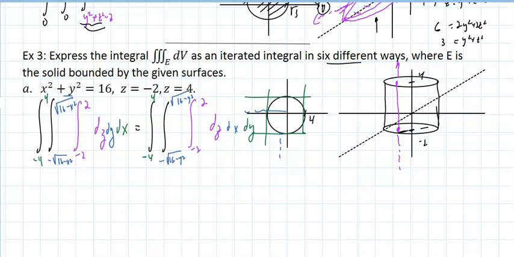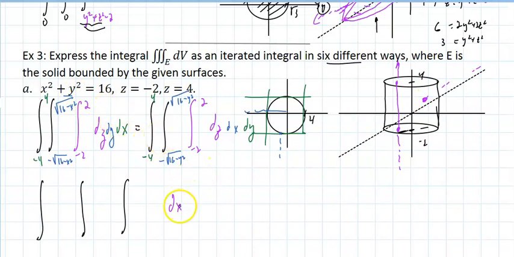Okay. What's another way of doing this? Another way is to look at this from the direction of, let's say, x. If you look from the back, that's going to pierce the back of this cylinder.